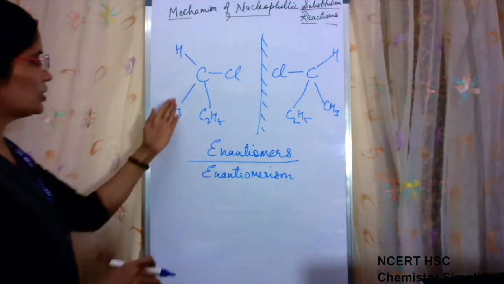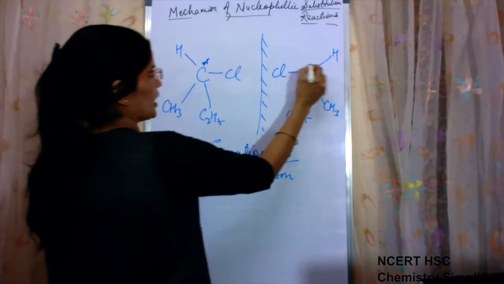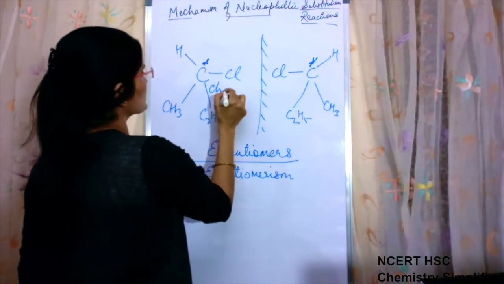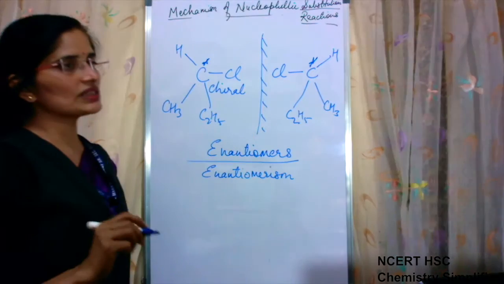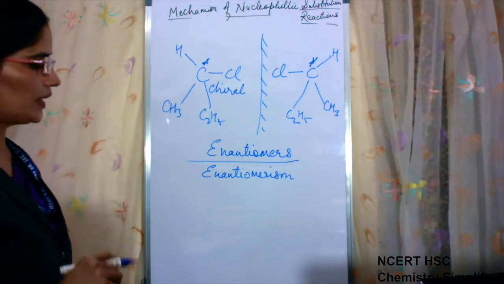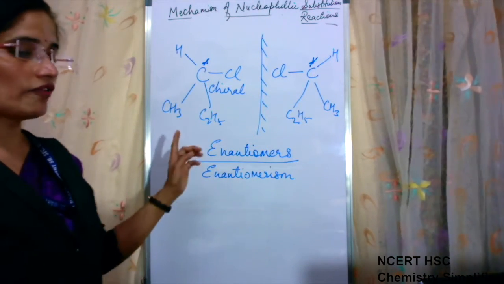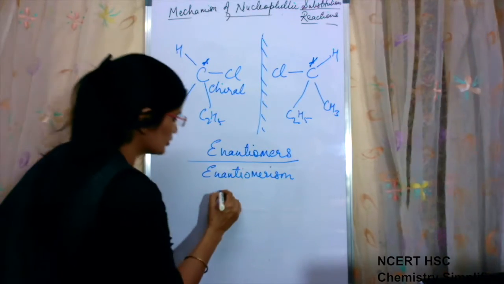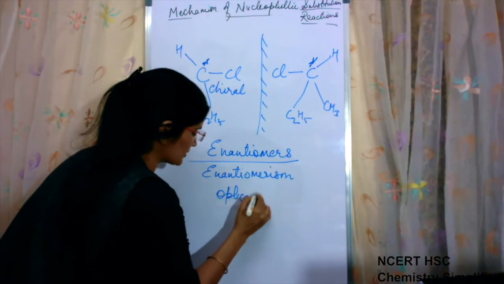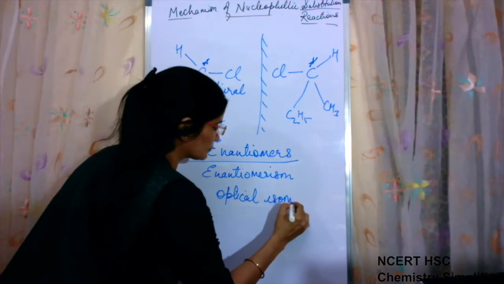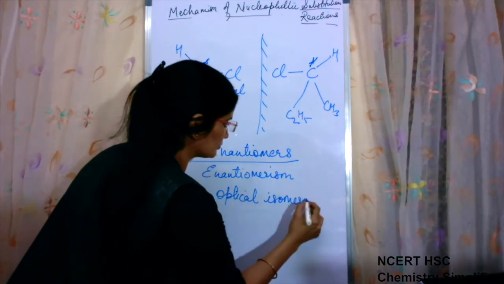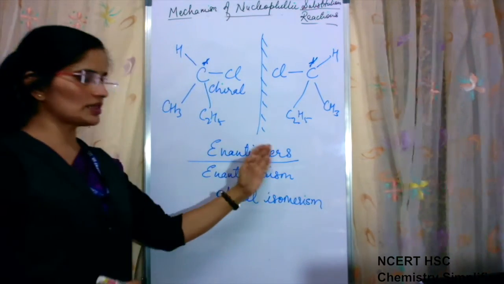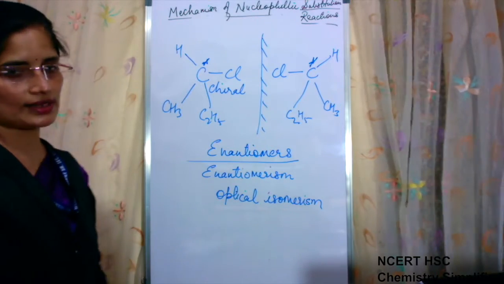Now, the carbon atoms which are chiral. Chiral means all 4 groups attached on the carbon atom are different. They show one more type of isomerism, which is optical isomerism. Enantiomers show optical isomerism.